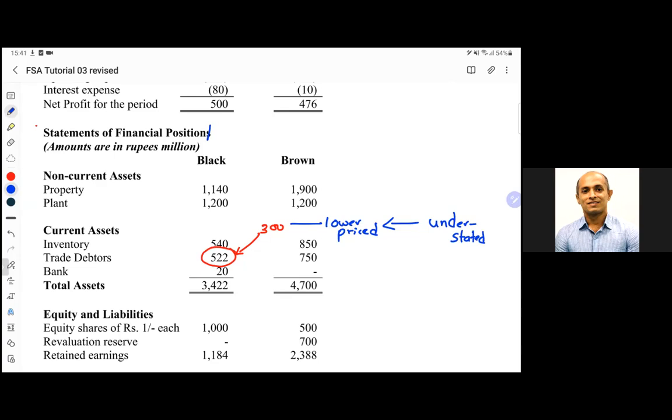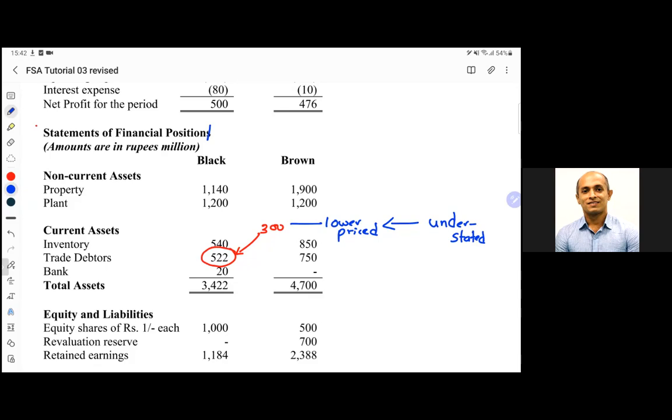Debtors turnover ratio is overstated. Return on assets is overstated. Now you see, this impacts your analysis.